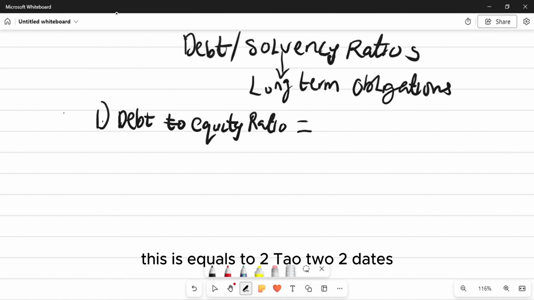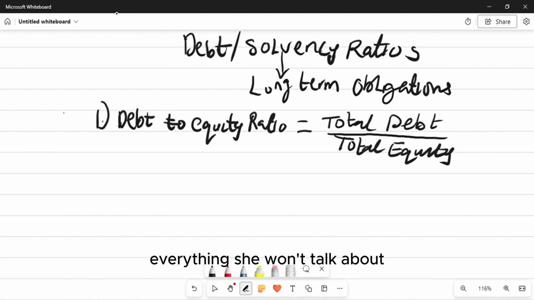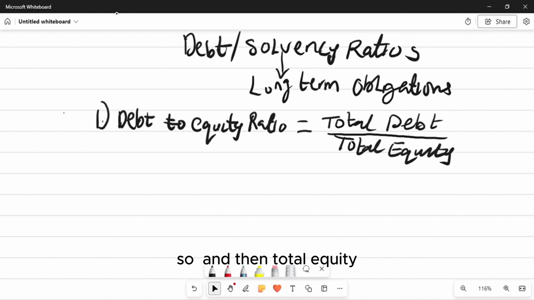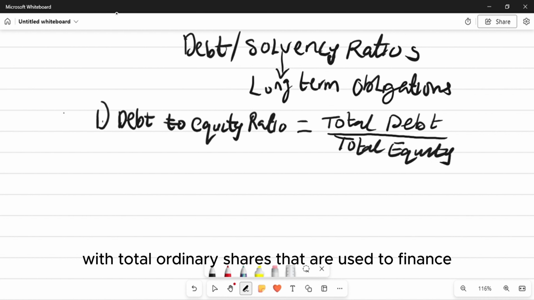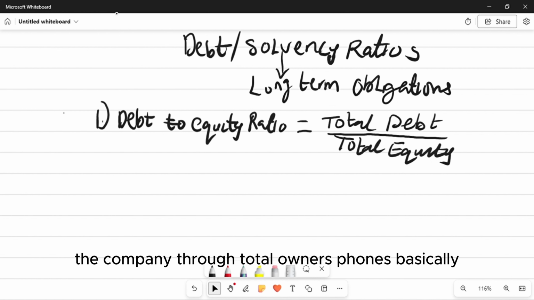This is equal to total debt divided by total equity. When we talk about total debt, it is equal to long-term plus short-term debts. And then total equity has to do with the total ordinary shares that are used to finance the company, the total owners' fund basically.